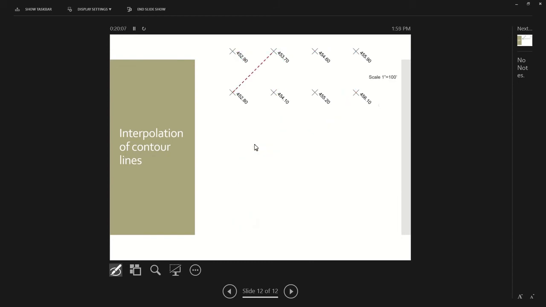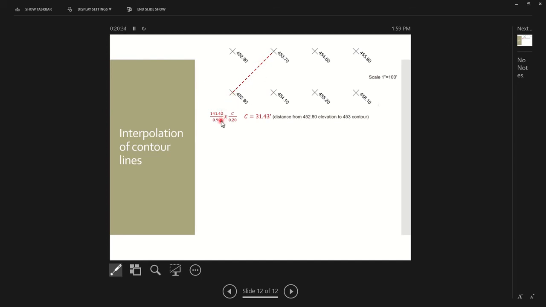The first thing I'm going to do is try figuring out this line in red. So I'm going to apply the interpolation formula. I know that my hypotenuse distance, let me switch to my cursor here, because my scale is 100 and between these x's it's 100, I figured that out to be 141.42.